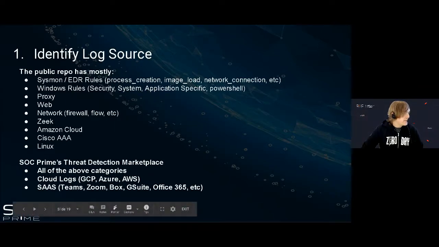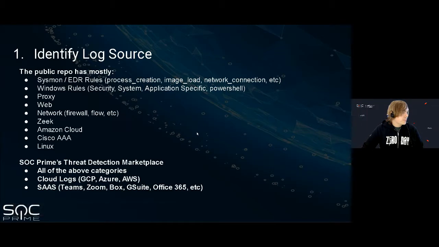So identifying log sources. This is basically just a list of what's available in Sigma today in the public repo, but also in the threat detection marketplace. The threat detection marketplace has way more log source possibilities than the public repo does today.